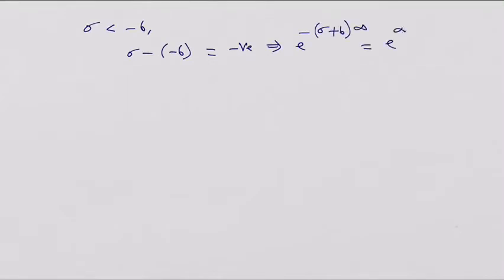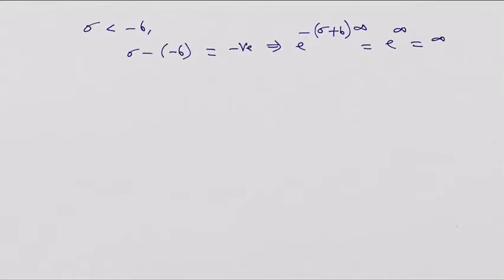Needless to say, what will happen if sigma is less than minus 6? Sigma plus 6 will become simply a negative quantity. If this becomes a negative quantity, e power minus of sigma plus 6 into infinity will become e power plus infinity, and e power plus infinity is infinity.